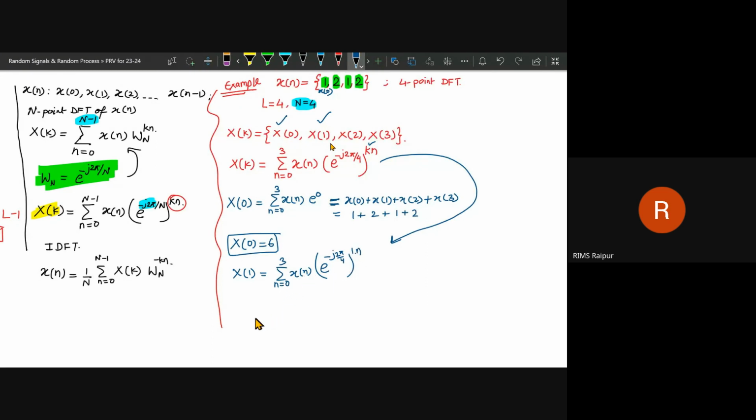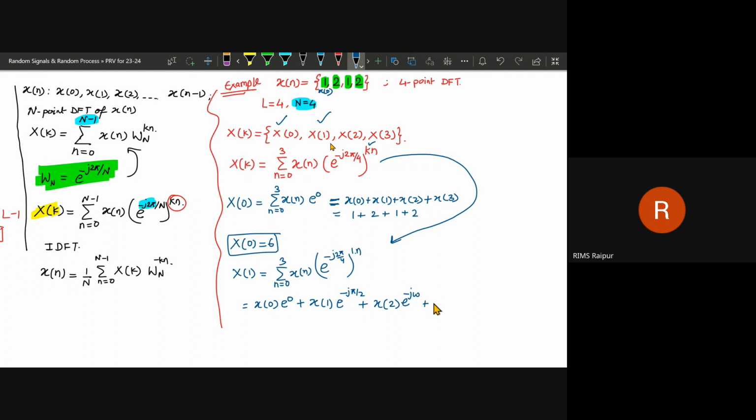Now when we put the values of n from 0, in case of n is equals to 0, it will be x of 0 e raised to power 0, plus when we put n is equal to 1, it will be x of 1 e raised to power minus j pi by 2, plus when we put n is equal to 2, it will be x of 2 e raised to power minus j pi.